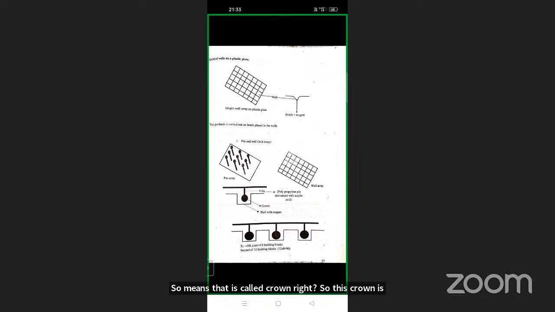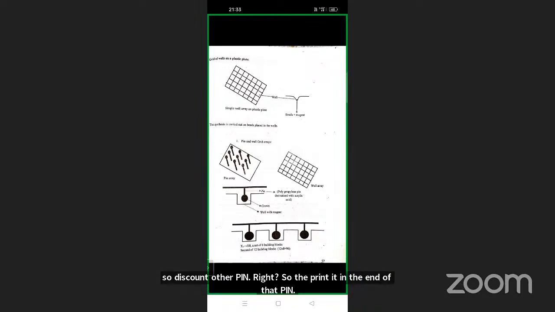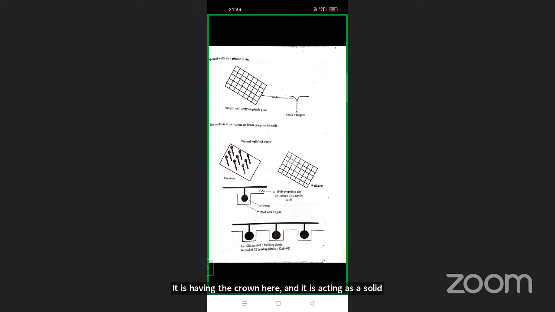At the end of the pin, it has the crown, and it acts as a solid support. Below, you can see the well, and this well has the reagent. This kind of arrangement is present in that particular instrument. Now, we are adding the building blocks in each well.